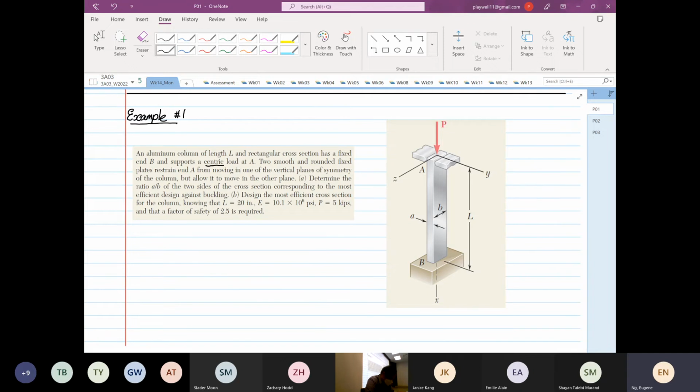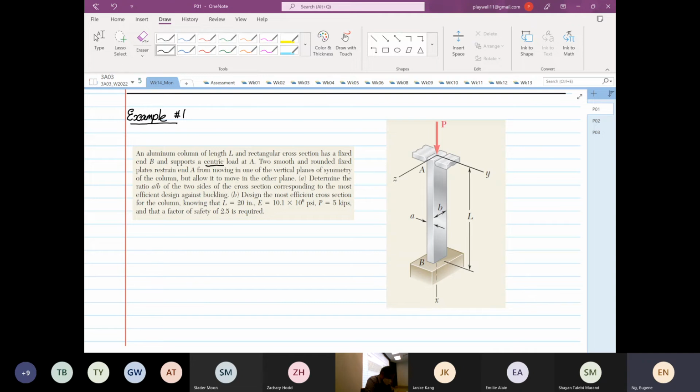Two smooth and rounded fixed plates restrain A from moving in one of the vertical planes of symmetry of the column, but allow it to move in the other plane. So at point A there's a structure to restrict motion, and we'll talk more about this structure. The question asked: determine the ratio a over b of the two sides of the cross section corresponding to the most efficient design against buckling.